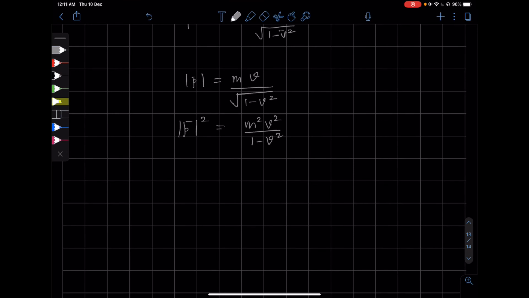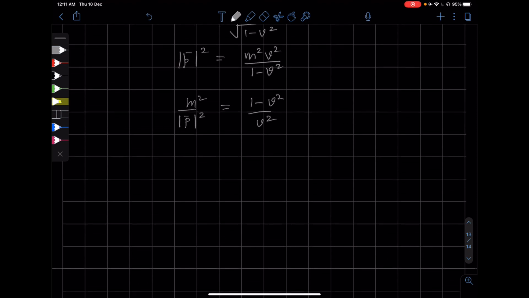And then we can invert this relationship. If we invert it, we get 1 over p mod squared, and then I can bring the m squared to the side, and then I have 1 minus v squared divided by v squared. Then I can add 1 to both sides.